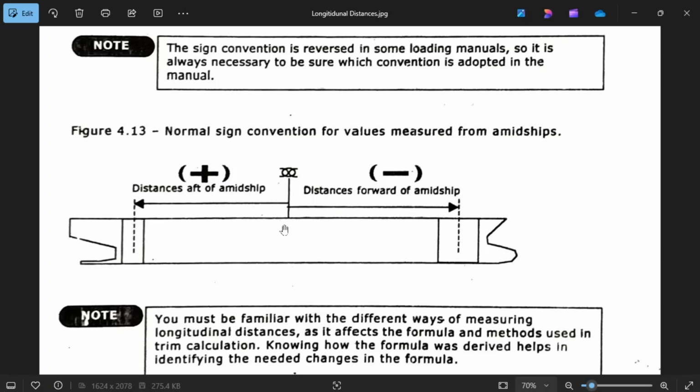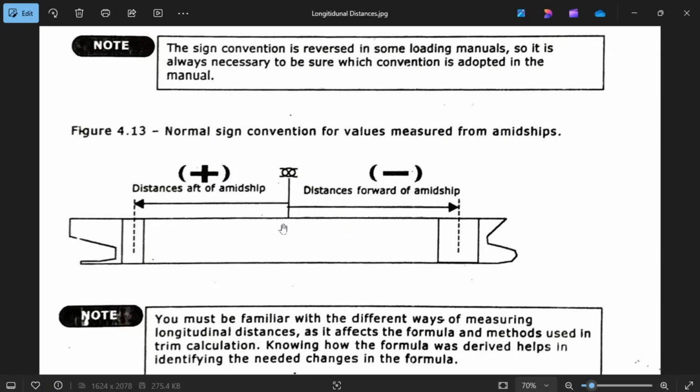It's not in the middle. So when your center of rotation is forward of your amidship, meaning you have more weight here, the tendency is to sink. And since you have a small weight here, the tendency of this vessel is to rise. So this is your tipping center.